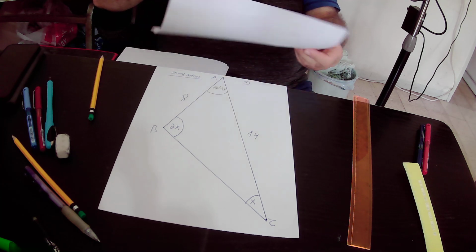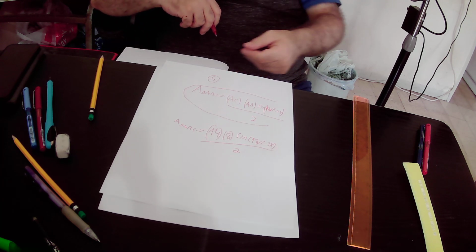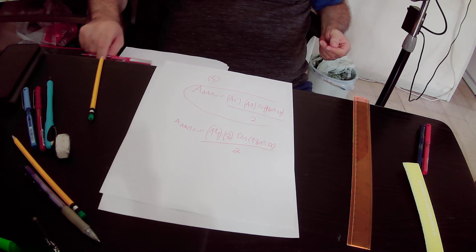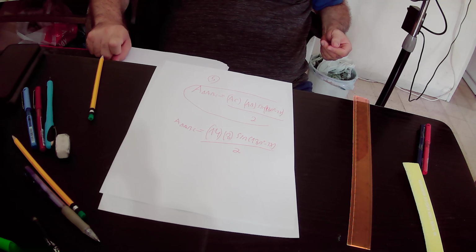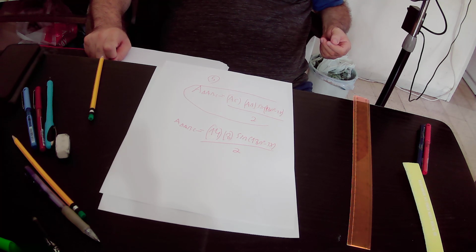So the area of triangle ABC equals 14 times 8 times sine of 180 degrees minus 3x over 2. 14 over 2 is 7, and 7 times 8 is 56.